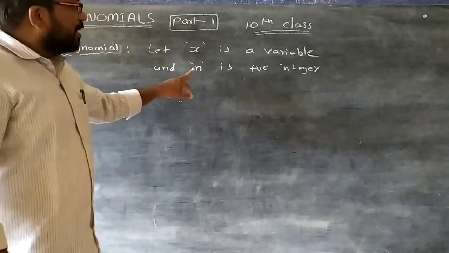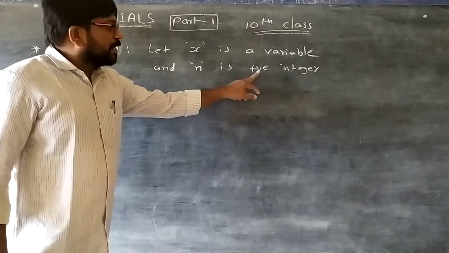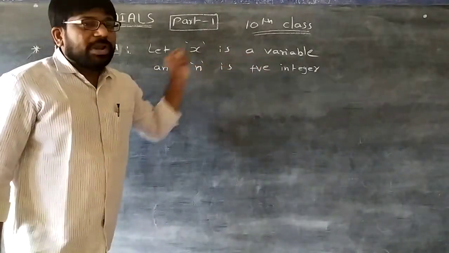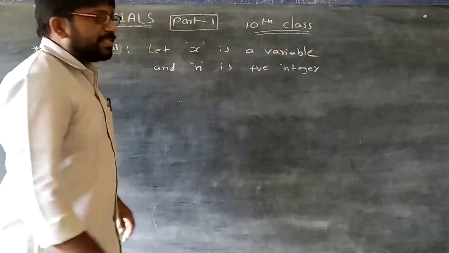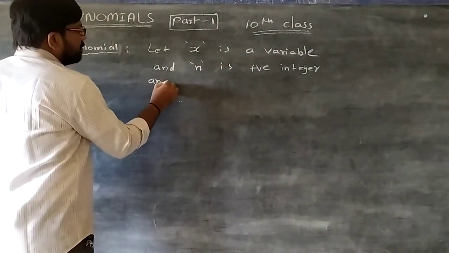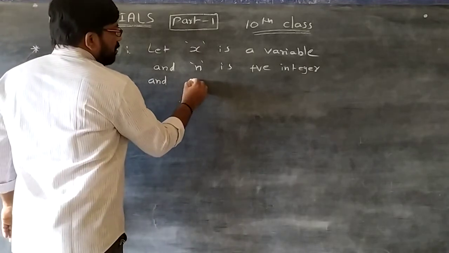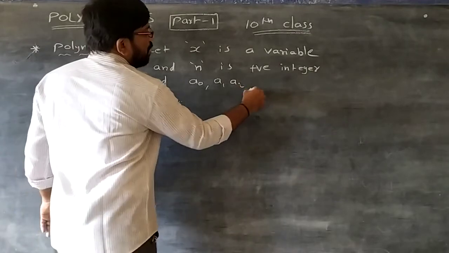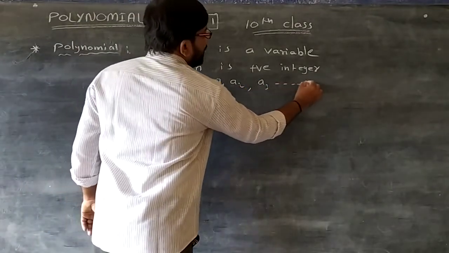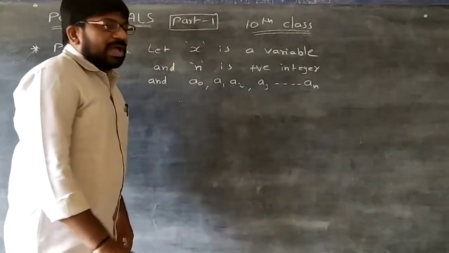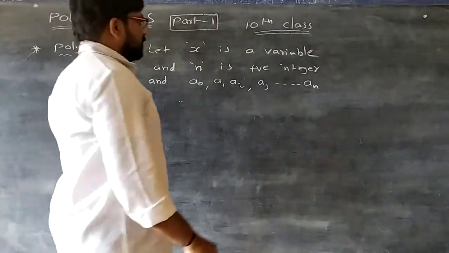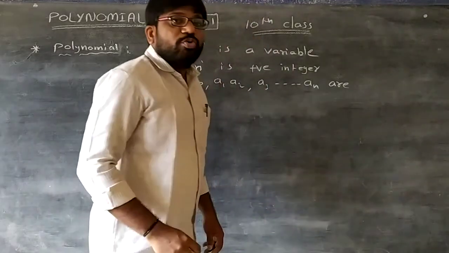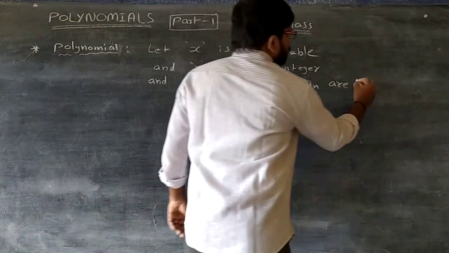Observe, the conditions are very important. x is a variable and n is a positive integer, and a0, a1, a2, a3, up to an are numerical coefficients.